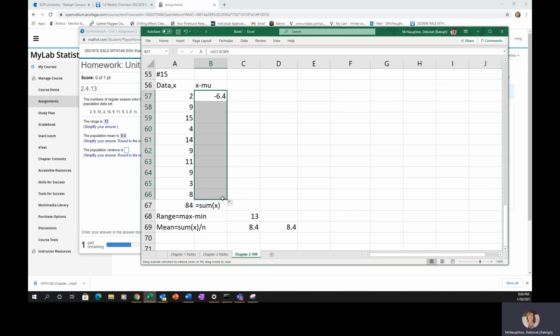And then I can copy that formula. That's x minus mean. And then I'm going to copy this over just to make my life easier. And then I need x minus mu squared.